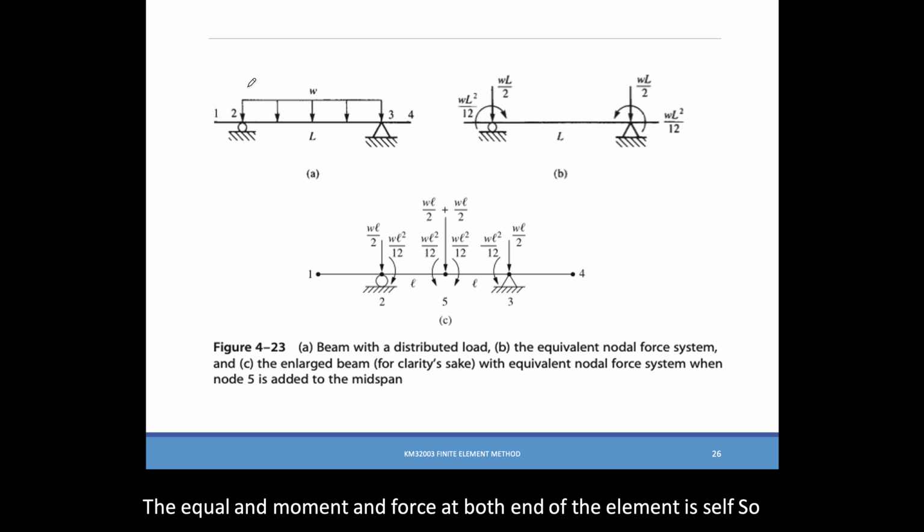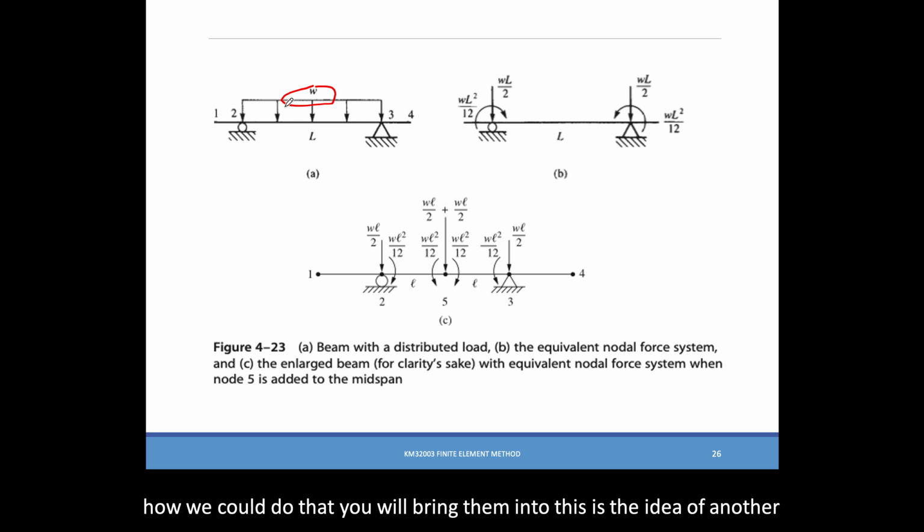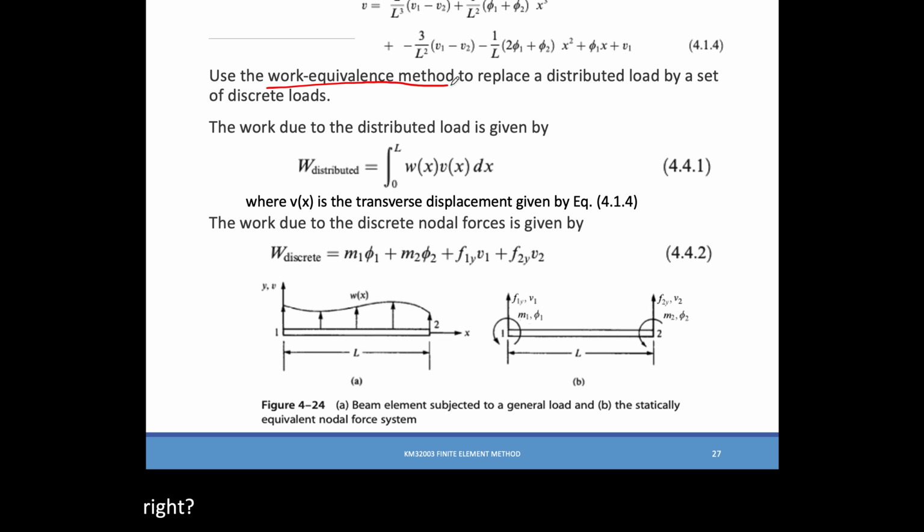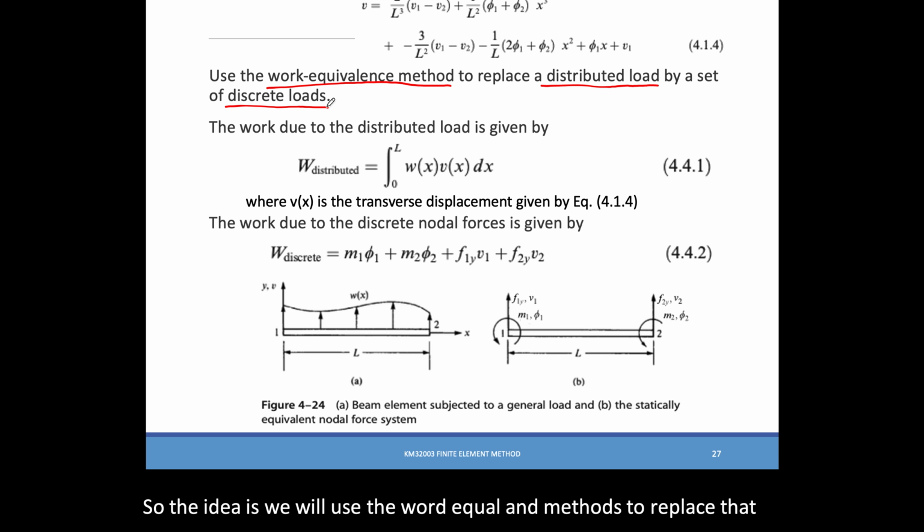So how could we do that? This is the idea of another part. We have a distributed load distributed to the nearest node itself. The idea is we would use the work equivalent method to replace the distributed load with the discrete load. So this is our displacement function, as we have obtained previously.